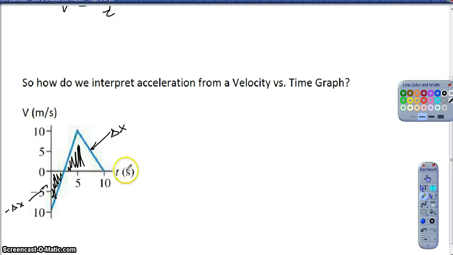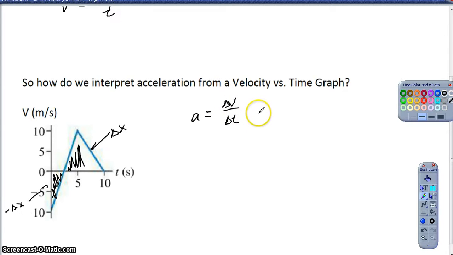So if I've got a velocity versus time graph, the acceleration then is going the other direction. So this goes back to what we did a little bit of last year anyway. The acceleration is simply the change in velocity over change in time. If I just look at my variables on the x and the y-axis here, my y-axis is velocity, my x-axis is time t, so I'm taking the change in y over the change in x.